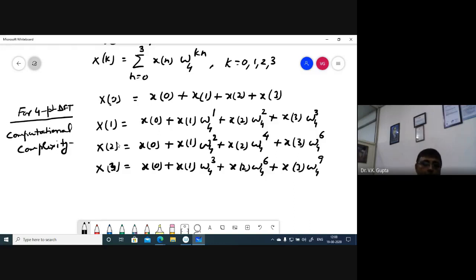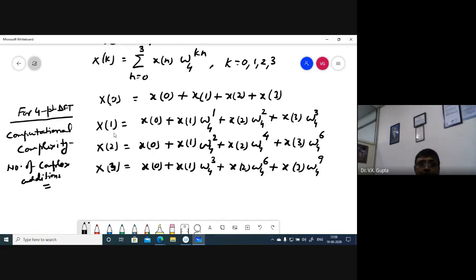So the number of complex additions: how many additions are there? For one point, we have 3 additions, and we have calculated 4 samples.